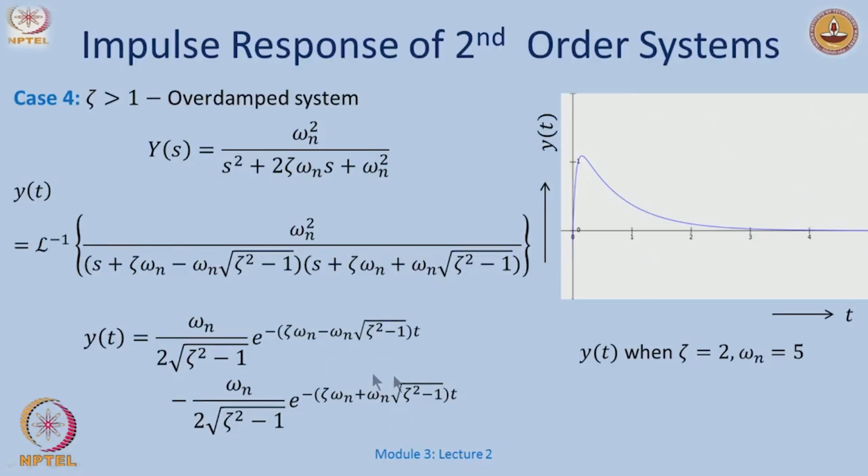And again, in this response you can see there is no oscillating term, there is no sinusoidal term. So, you just go here and then just come back. Possibly when zeta equals 3, you might have an even much slower response, it could take much larger time like this and so on, right.